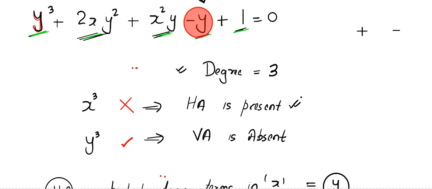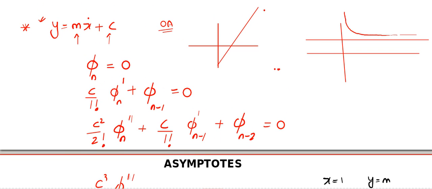Now, look at this. We have three equations. Using these three equations, you have to find the values of m and c. Okay, now look at this. We found phi 3, phi 2, phi 1. Now what we do is, we will start using the equations I gave you at the last. So the first equation is phi 3 is equal to 0.